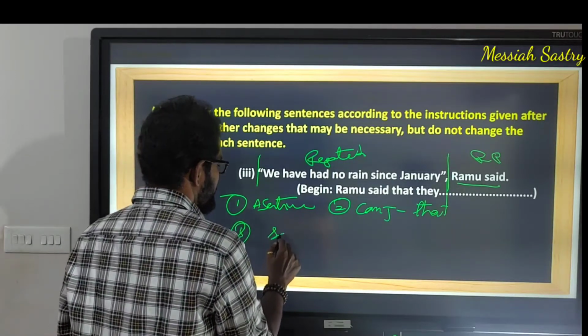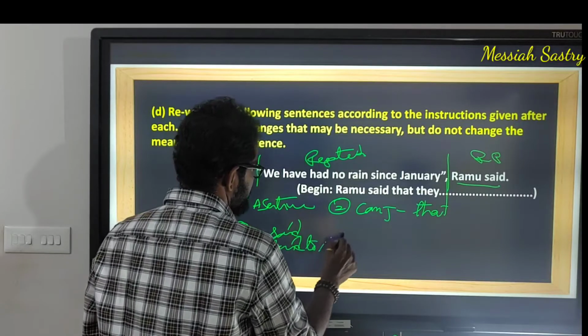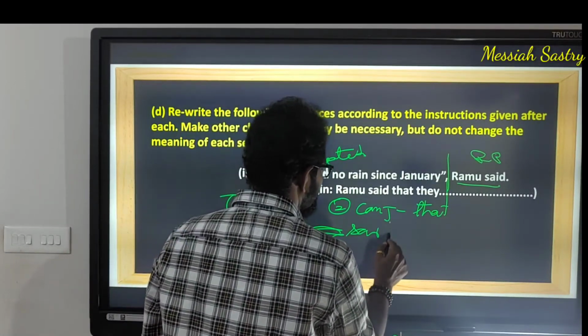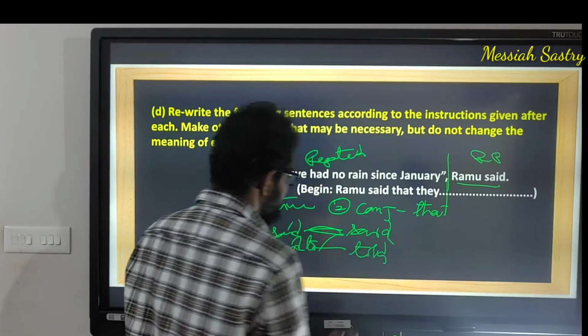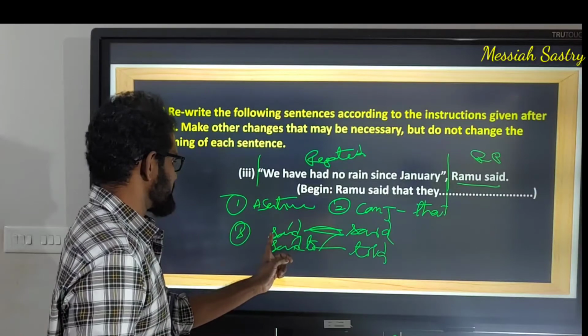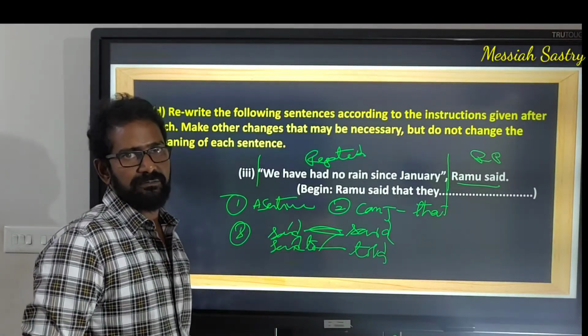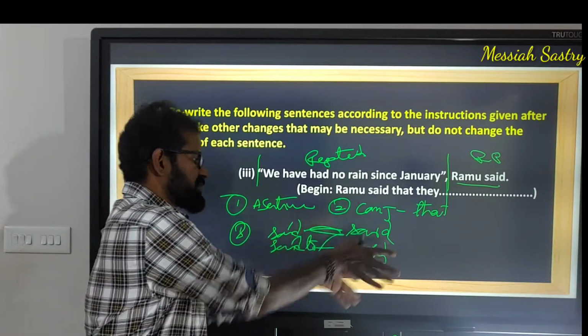Third point: said or said to. Said, we write said. Said to, we write told. If there is any other reporting verb, we use the same reporting verb.